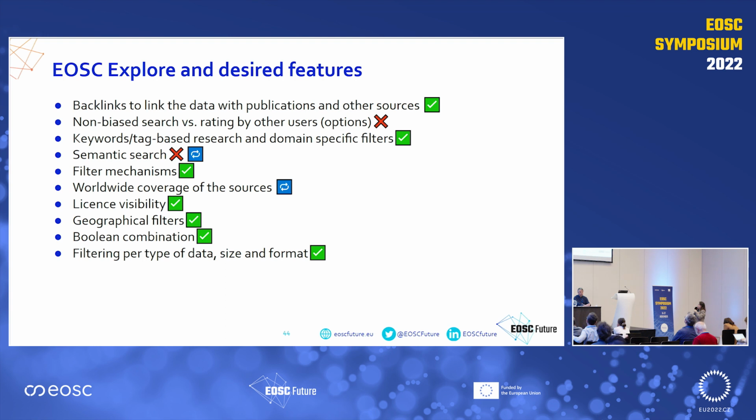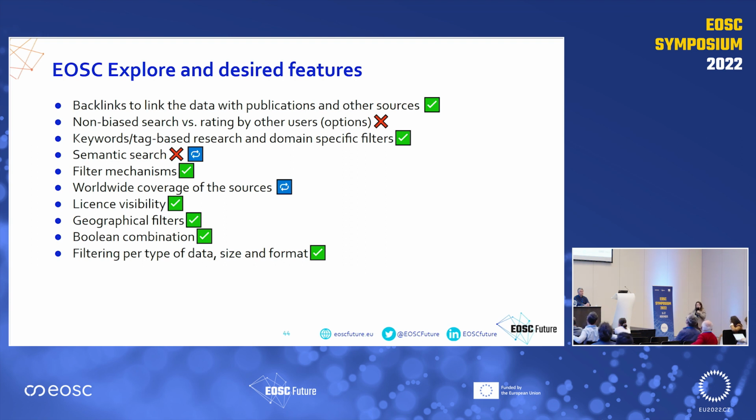Then the filter mechanism, we have several filters. So we just need to test if this is enough. But apparently the users were happy with the search. Worldwide coverage of sources: I put this as in process because it basically depends on who is onboarding on EOSC.